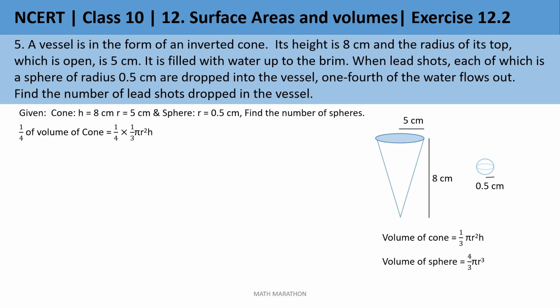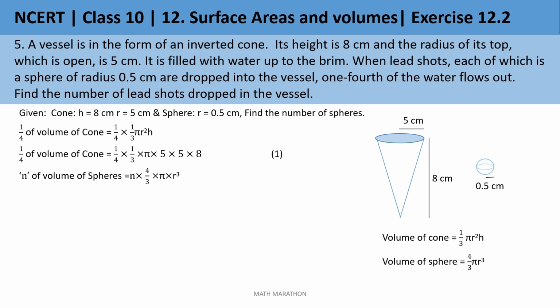First, let us find 1/4 of volume of cone. 1/4 of volume of cone is equal to 1/4 of 1 by 3 pi r square h. 1/4 of volume of cone is equal to 1/4 of 1 by 3 pi r square, which is 5 square, multiplied by h, which is 8. Now, let us find n number of volume of spheres.